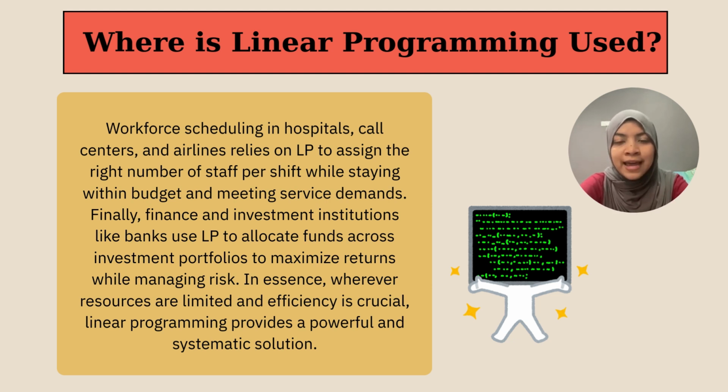Finally, finance and investment institutions like banks use LP to allocate funds across investment portfolios to maximize return while managing risk. In essence, whenever resources are limited and efficiency is crucial, linear programming provides a powerful and systematic solution.